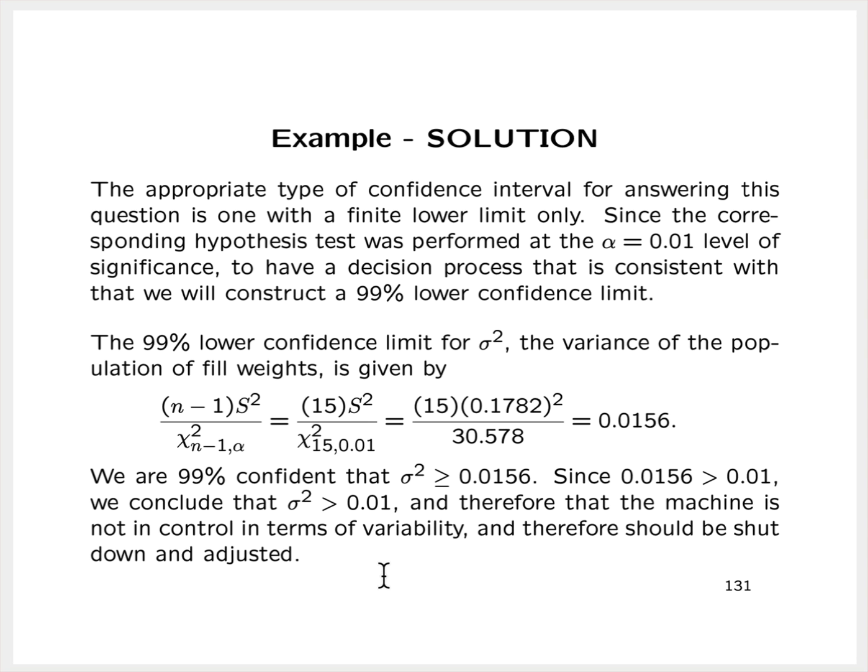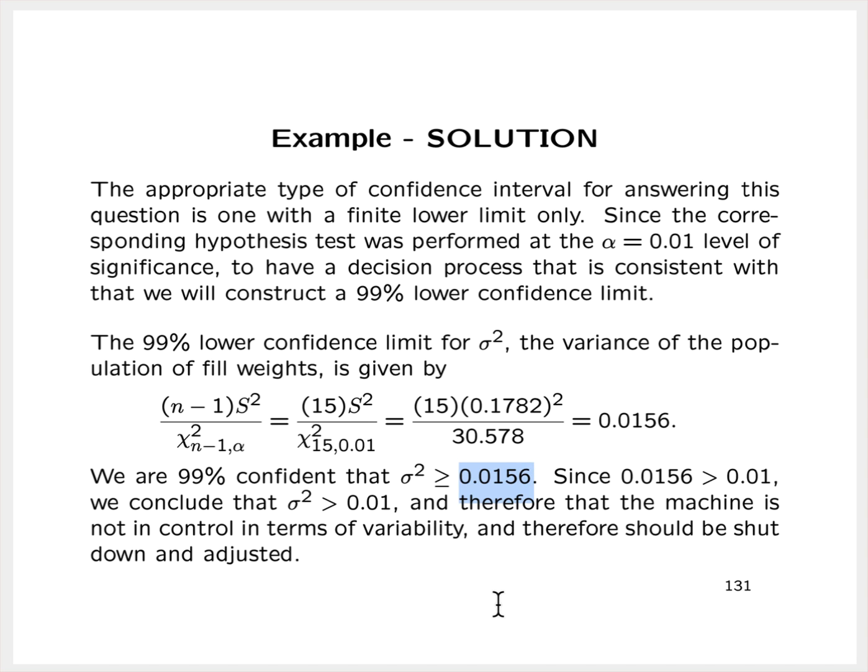And not only can we answer that qualitative question, but we actually get a little bit more information, or at least quantitative information, regarding the value of sigma squared. We're 99% confident that sigma squared is at least 0.0156.